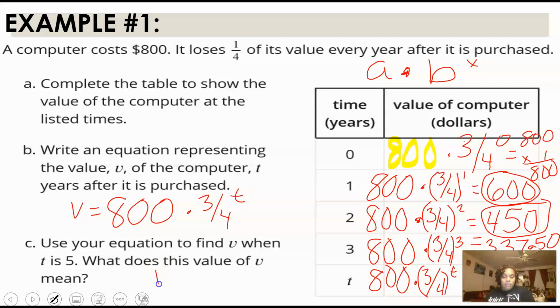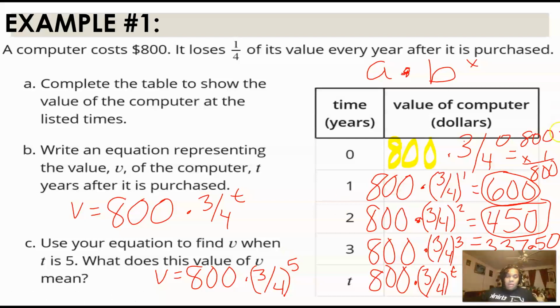So you would write v equals 800 times 3/4 to the 5th. Okay, so you can choose to solve this out, but I'm going to let you do that so we can proceed. That will be your extension to this lesson.